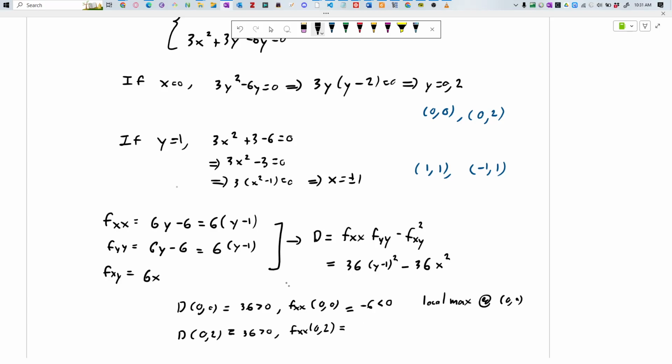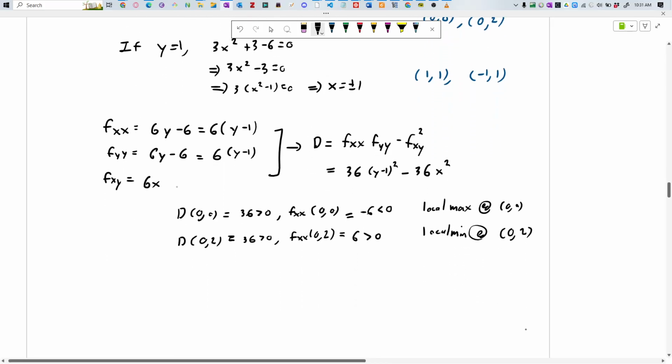So I plug in, the y is now 2, so that gives me a 6. That's greater than 0. So that means we have a local min, right? Because this second derivative being positive means it's concave up, which means that that's a local min. So we have a local min at 0, 2.